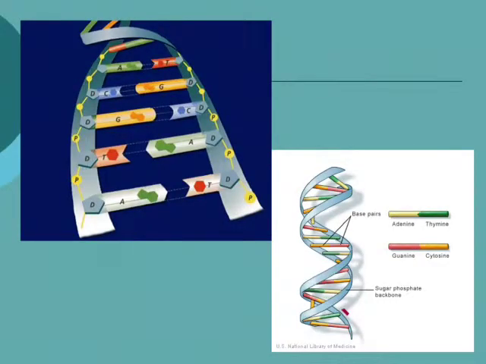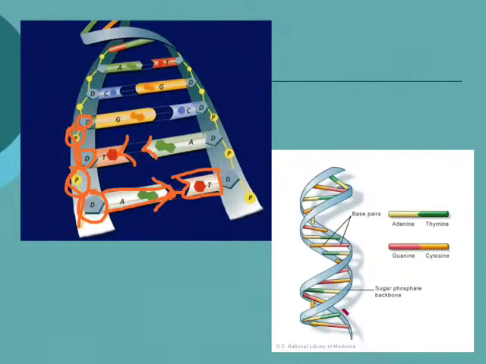Here's the picture of DNA. You can see here you've got your deoxyribose sugar and your phosphate group. These make up the backbone of your DNA ladder, and then you've got your rungs that are actually made up of your nucleotide, and you can see how they nicely fit together.